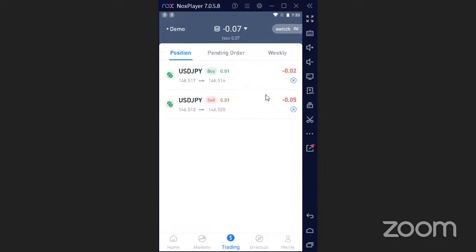Assuming I have $10 right now, and I took this trade, maybe I'm losing. You see I open with this smaller size. Don't worry, we'll get to lot size. I open with this smaller size and then I'm losing. Maybe I left this trade for so long that the market started going against me.